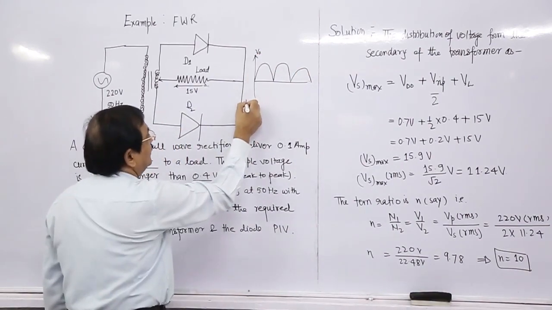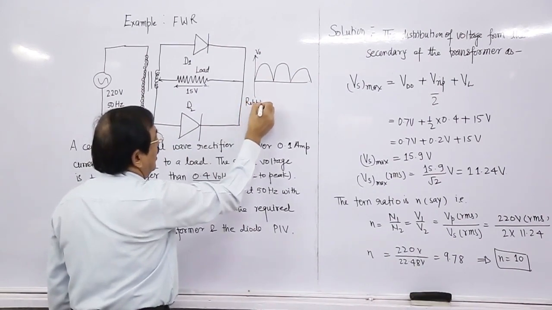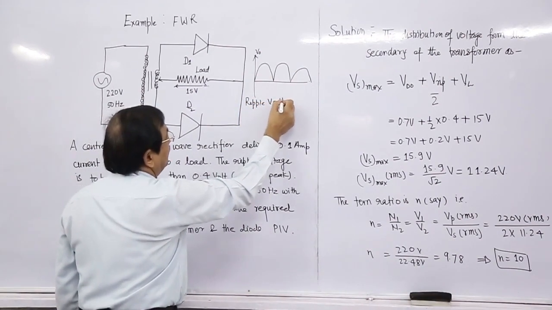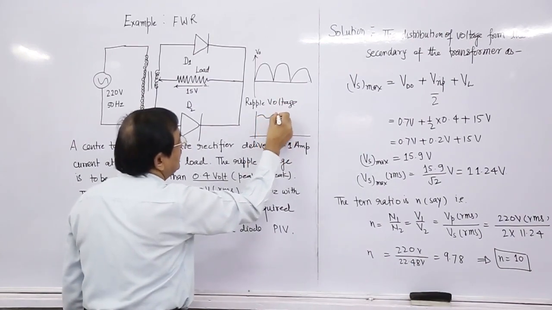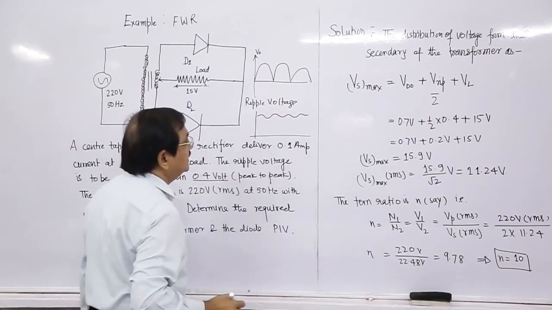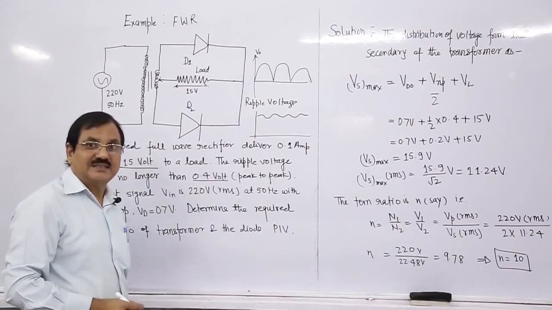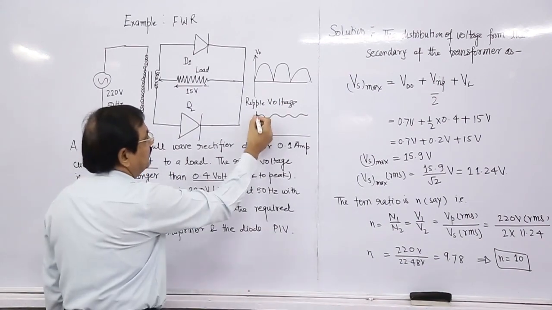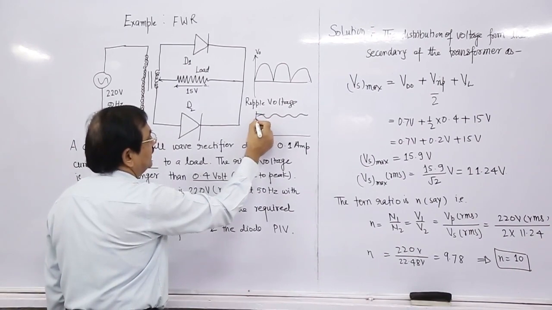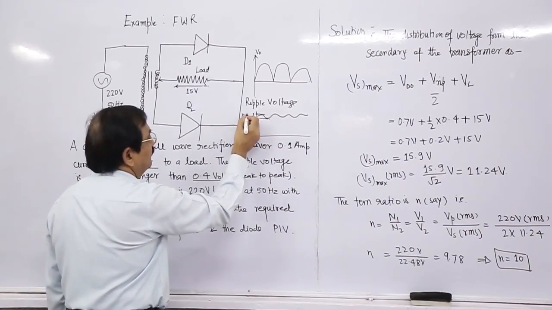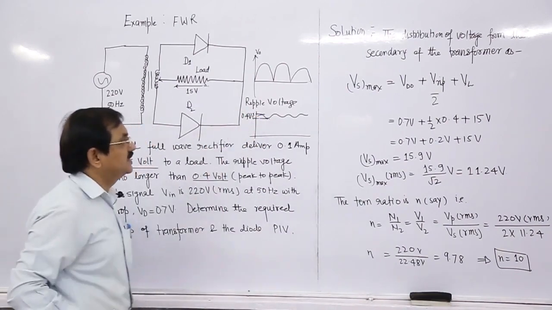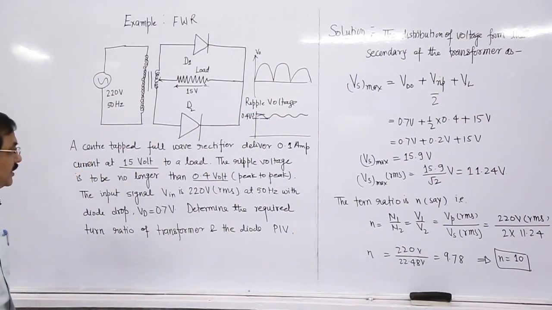If we draw the ripple voltage, it is something like this. The ripple voltage from peak to peak is 0.4 volt.